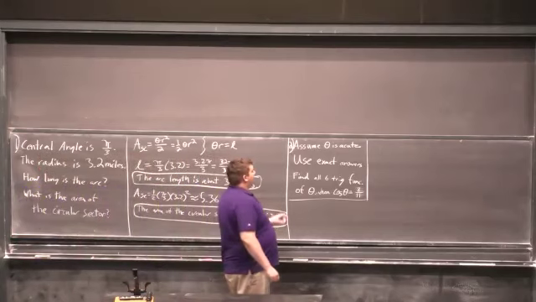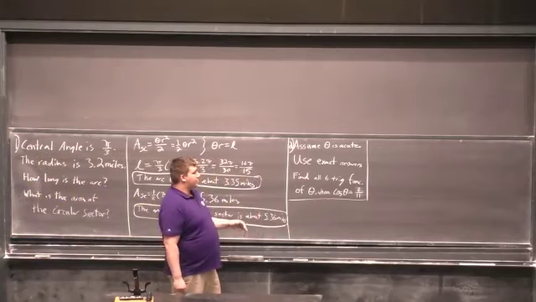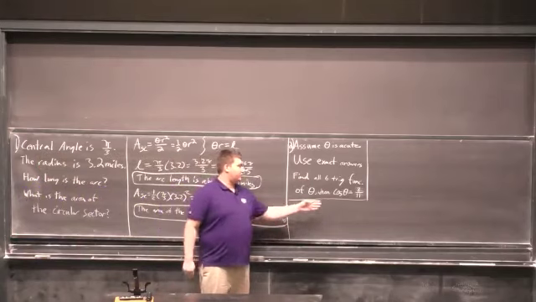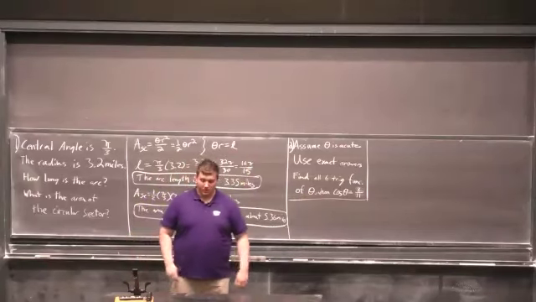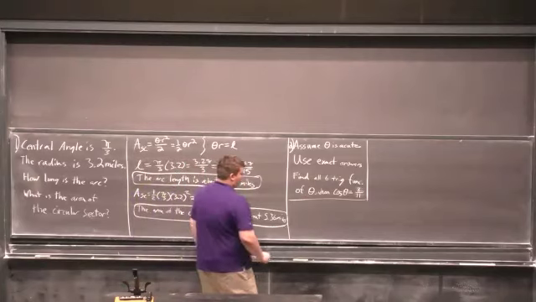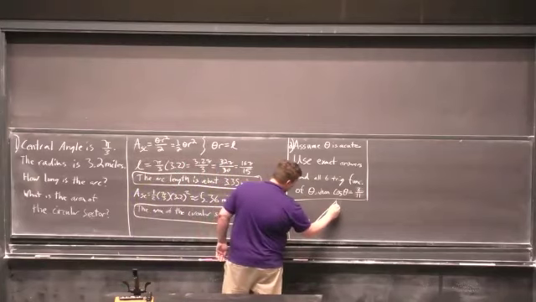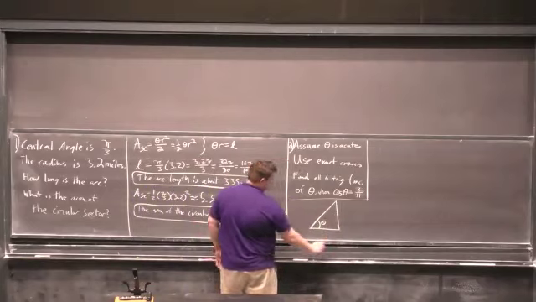Question number 2, let's assume theta is acute, use exact answers, find all the trig functions when cosine of theta is equal to 8/11. Okay, so first thing we want to do is draw a picture. So we're going to have some triangle. And we're saying that we have a theta here.